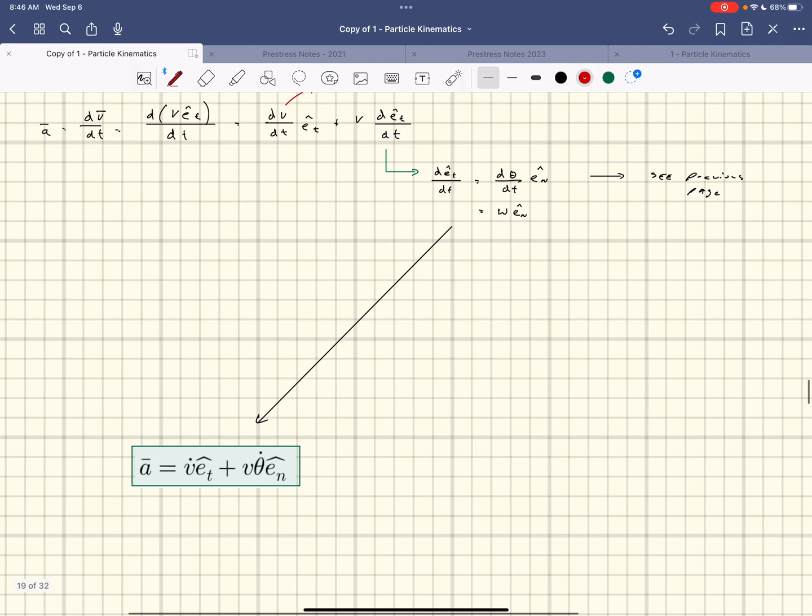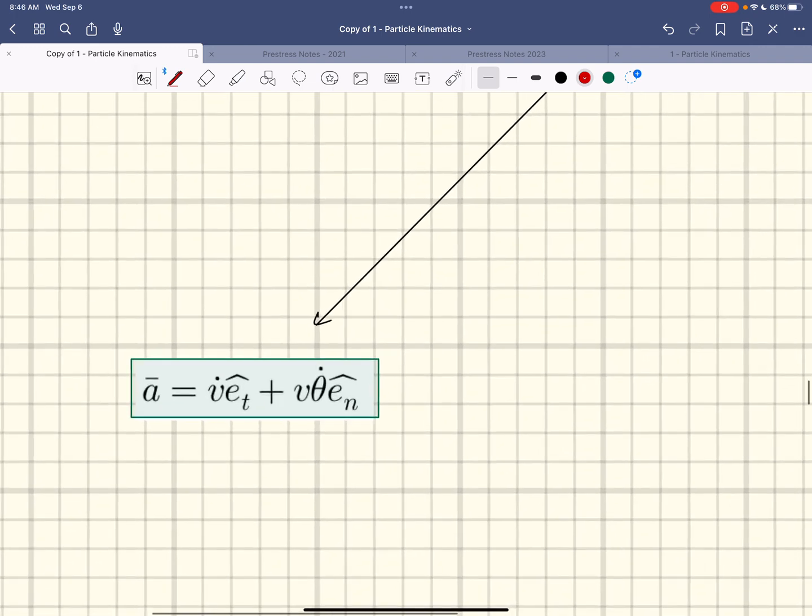If I substitute in that omega in the e_n direction, this is what we get: v dot in the e_t direction plus v times theta dot in the e_n direction. So you get two different components to your acceleration.